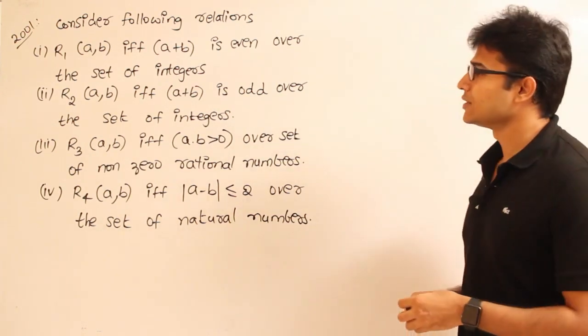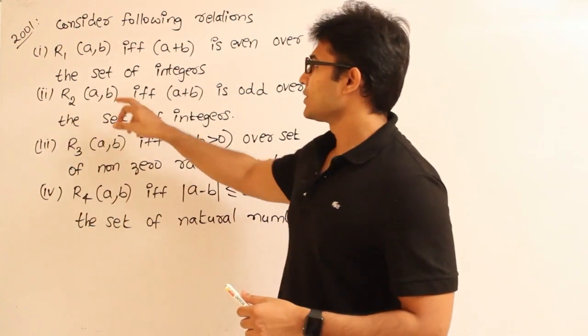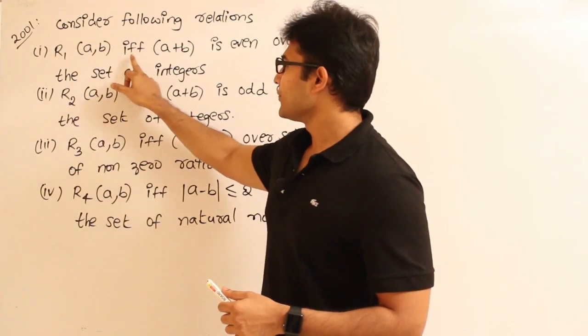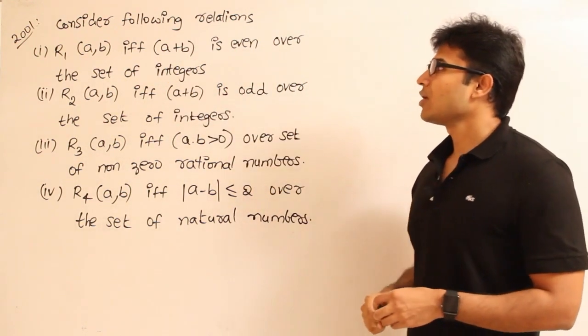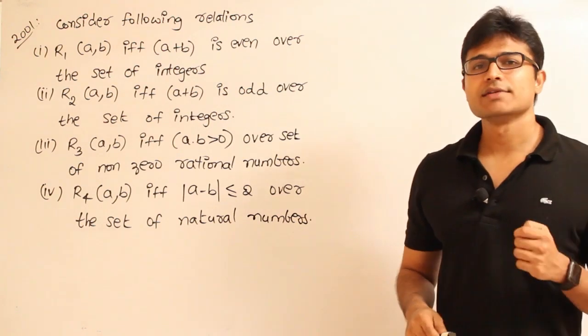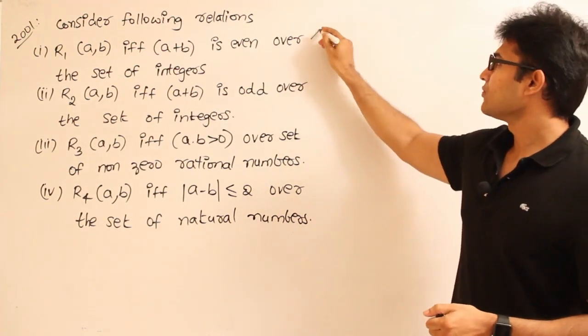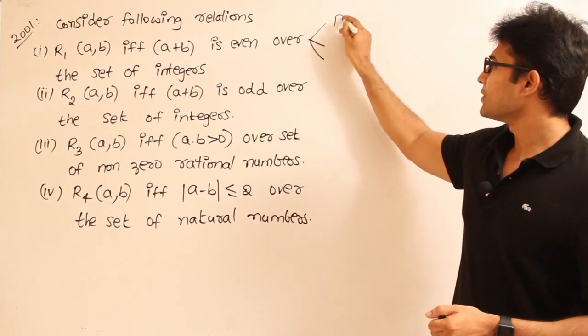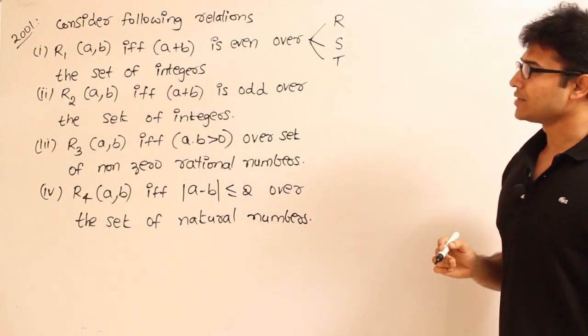Just see this. First one is R1. Relation R1 contains ordered pairs (a, b) if a plus b is an even number, over the set of all integers. We have already seen this earlier, but I'll just prove it again. First of all you have to show that it is reflexive, symmetric and transitive. What can we say about reflexivity?